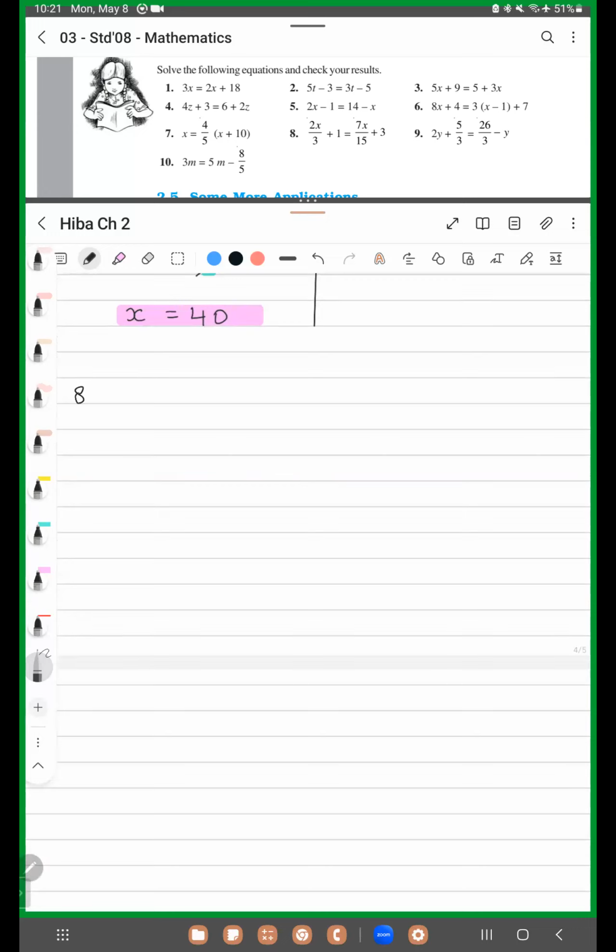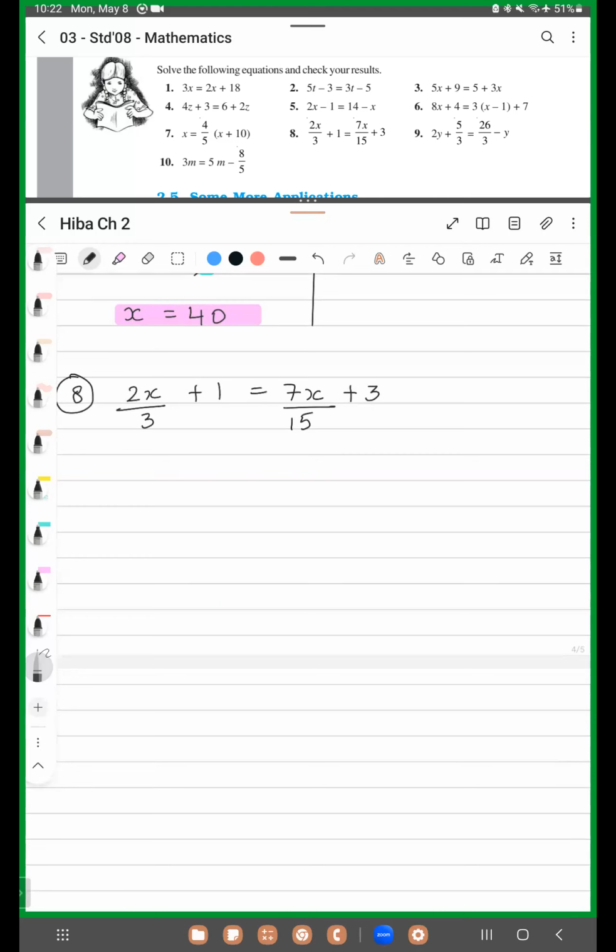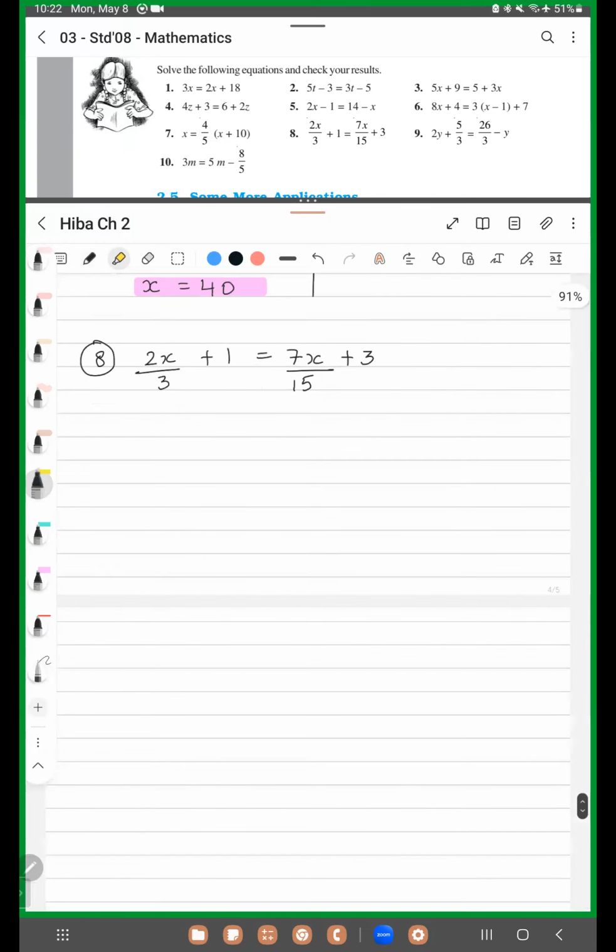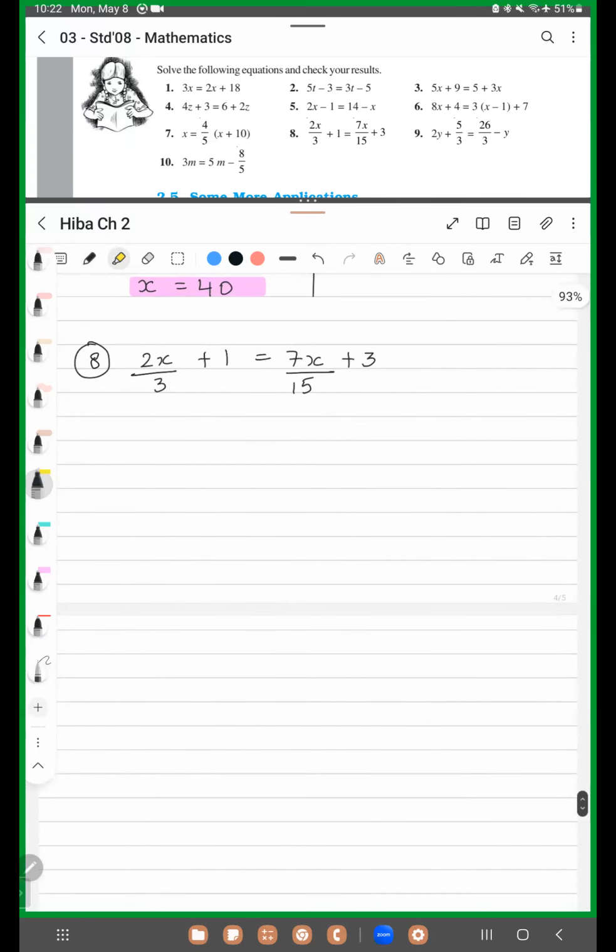8th one. 2x by 3 plus 1 equals 7x by 15 plus 3. I understood this question, but not the ninth one.